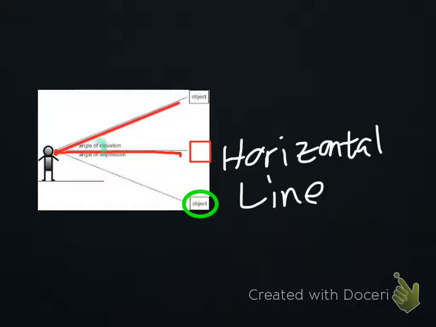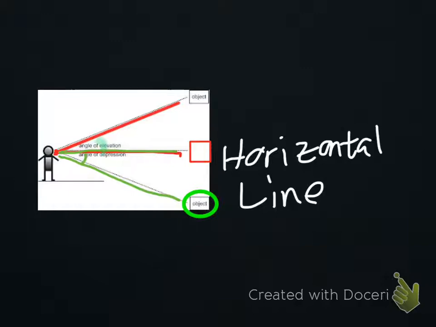So this horizontal line that we initially drew is still our reference point. And from that point, we can have a line of sight here that forms an angle. So between the horizontal and the line of sight that we have, that forms an angle of depression.